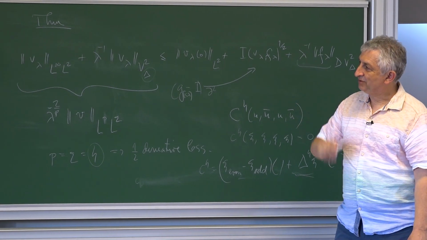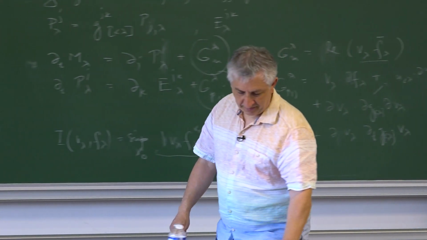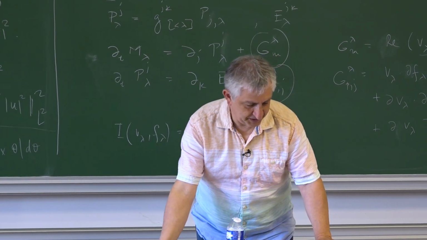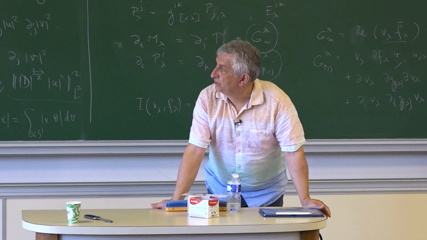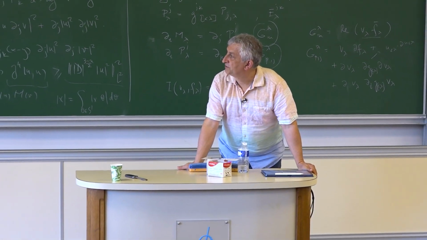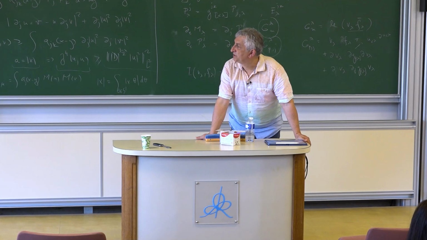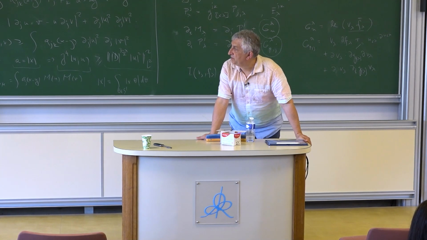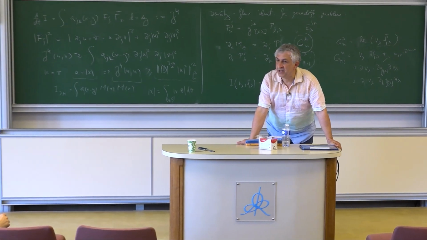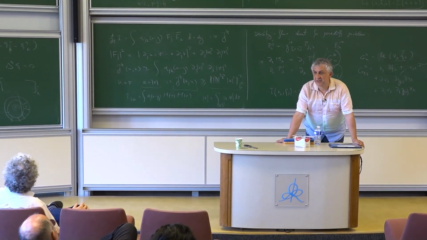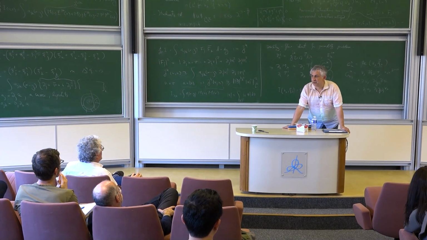So maybe I didn't quite do justice to this two-dimensional result here. I didn't have time to show you too much of the details, but you get the ideas. The ideas are you write everything in density flux form, your conservation laws. You optimize them whenever possible, and then you do very carefully the interaction Morawetz estimates in a covariant way, and spend a lot of time estimating errors, trying to close this bootstrap loop.